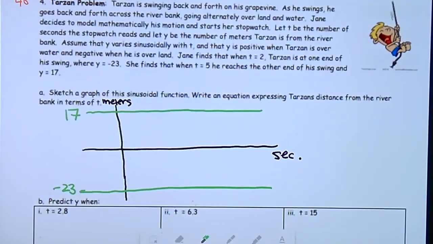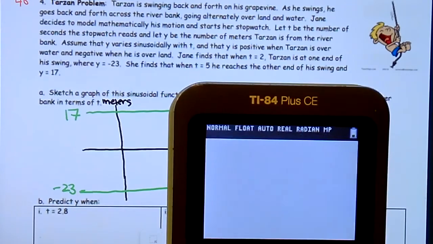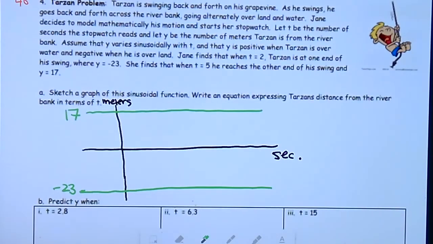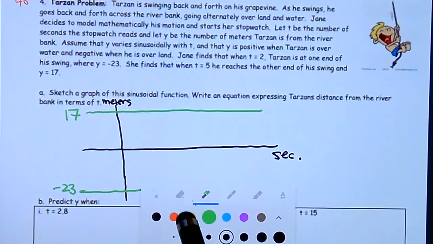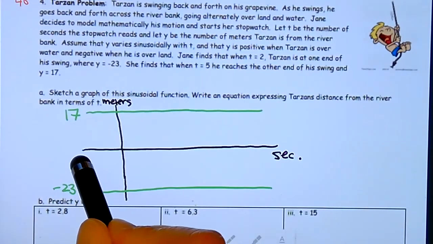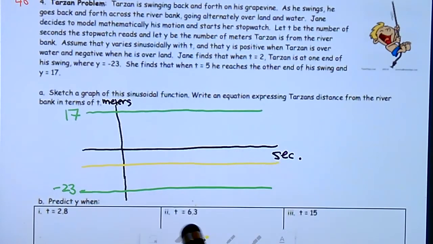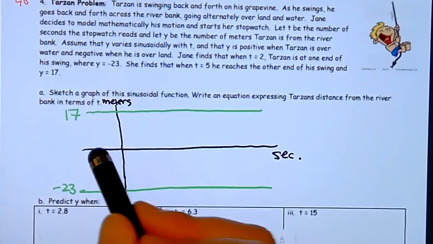And then what I'm going to do is I'm going to average these. So if I take negative 23 plus 17 and divide it by 2, I get negative 3. So that's where the middle is going to be. The middle is going to be at negative 3. I'm going to put that up a little bit higher.